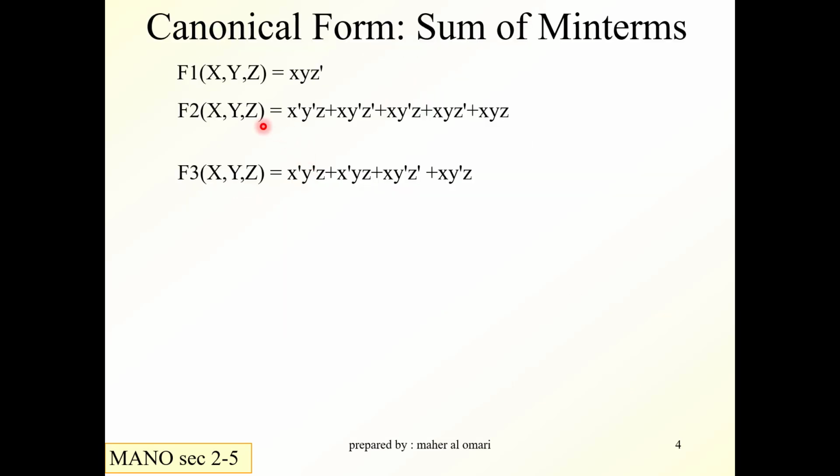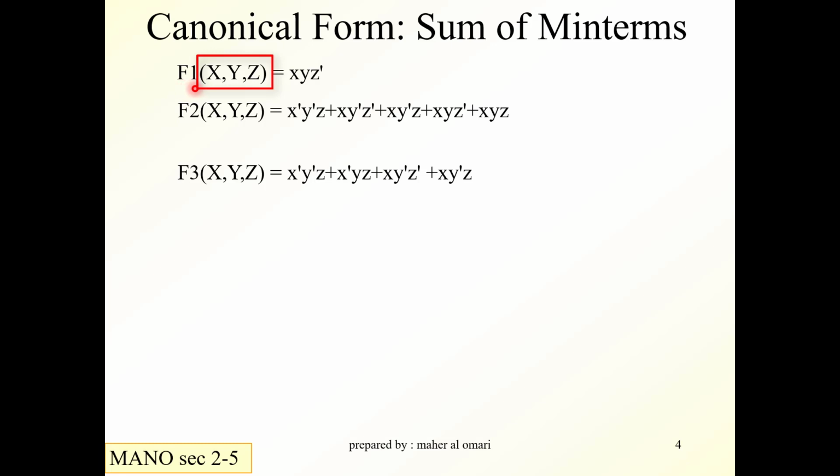Okay, we can express the functions as sum of minterms. Let's take a look at this function. F1 is equal to x, y, z bar. Notice these here, x, y, and z. These are called the domain of the function f1.